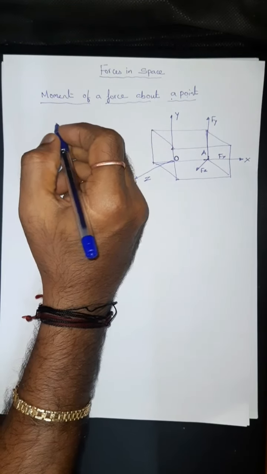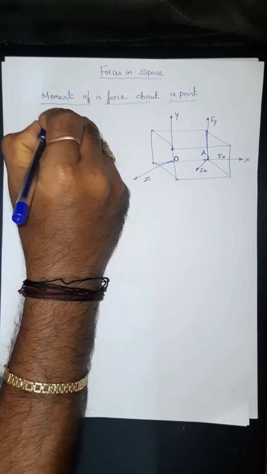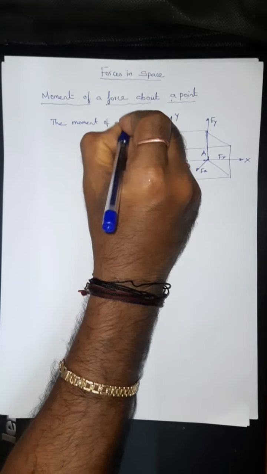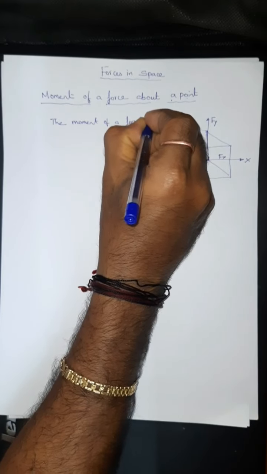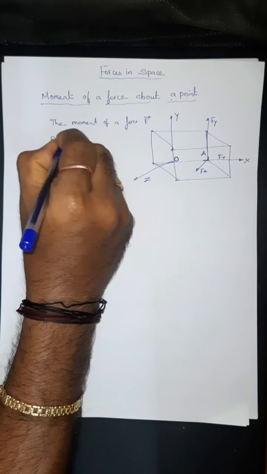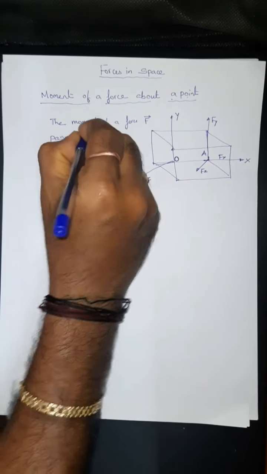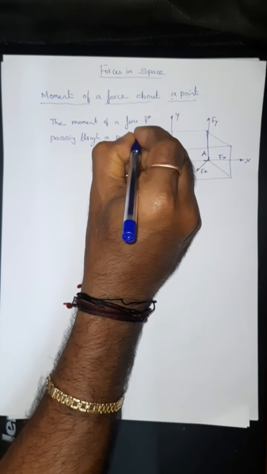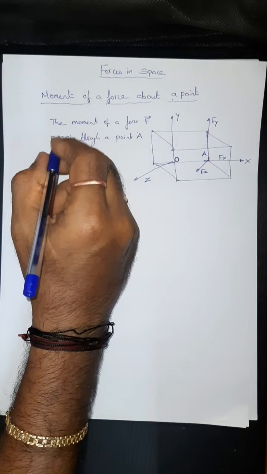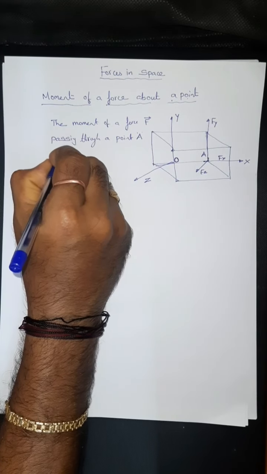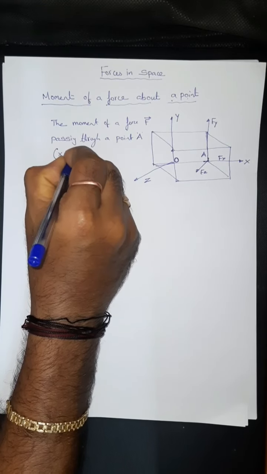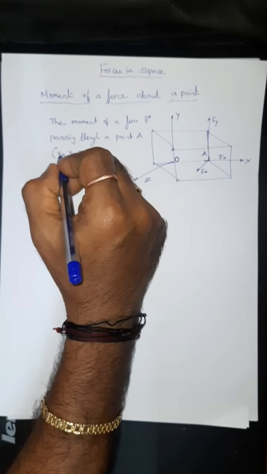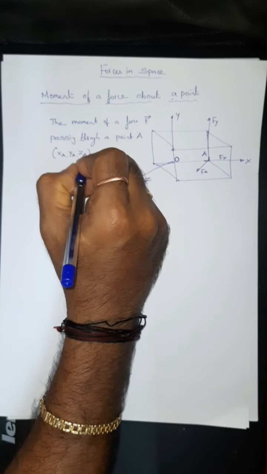The moment of a force F vector passing through a point A, so the coordinates can be XA, YA and ZA because it is 3-dimensional, isn't it? So X direction, Y direction and Z direction I have specified here.